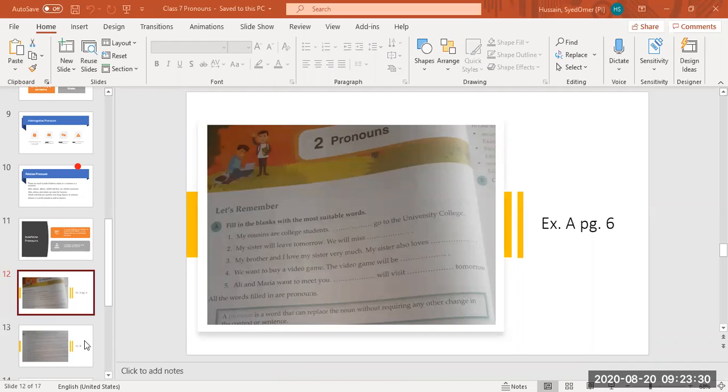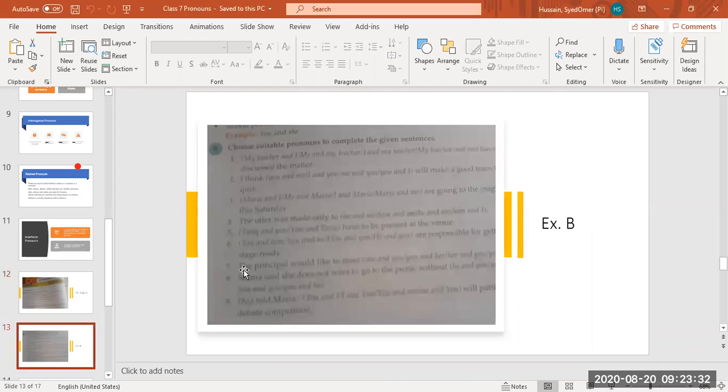Now exercise B, students. Page number 7. For exercise B, you have to put the correct pronoun. If you're using first person pronouns, then you have to put the first person with the first person. If you are talking about the second person, it is always you and I. It's not I and you, she and you, he and you, they and you.